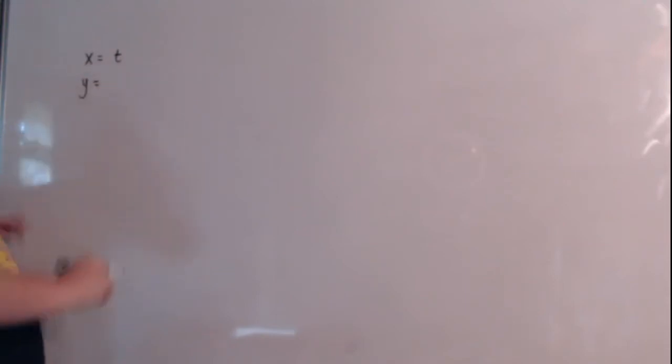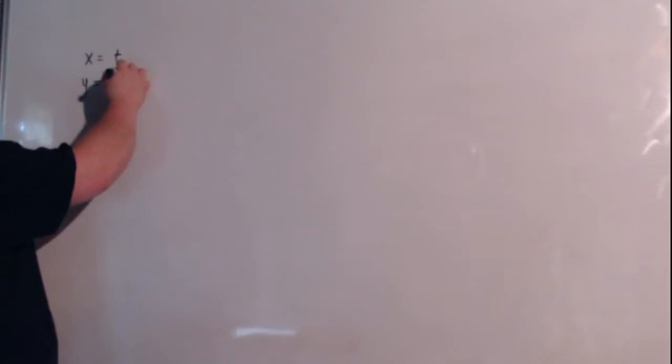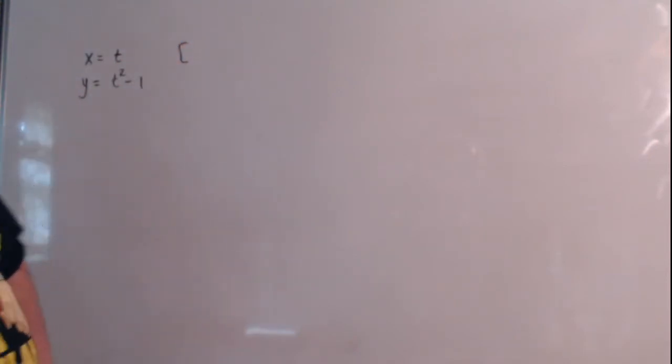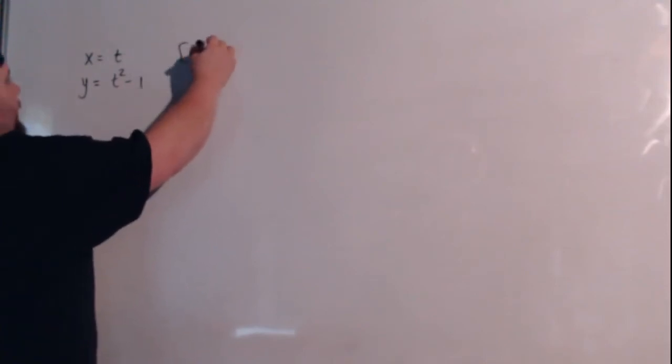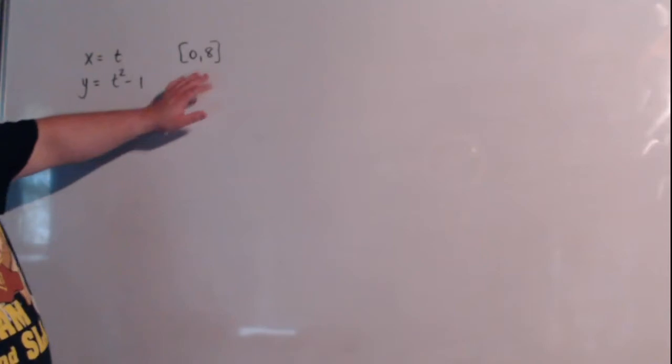So x equals t here, y equals t squared minus 1, and this is over an interval of 0 to 8. And I'll show you why that's important here in a second.